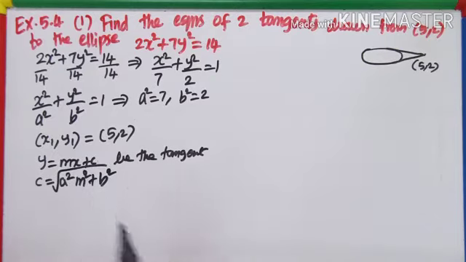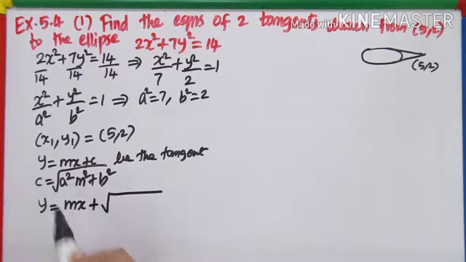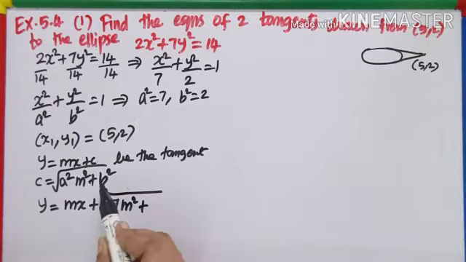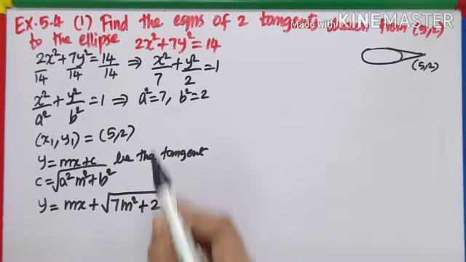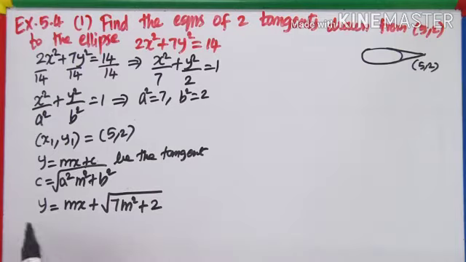So how will I write y? mx plus root of a square. What is a square in this question? 7. m is not given, right, as it is. b square is 2. So 7m square plus 2. This is the tangent equation. From which point? 5, 2. So tangent is through the point 5, 2.